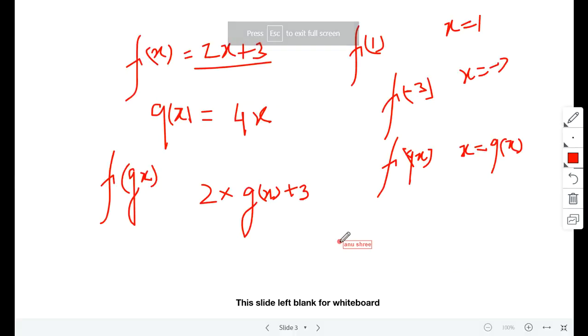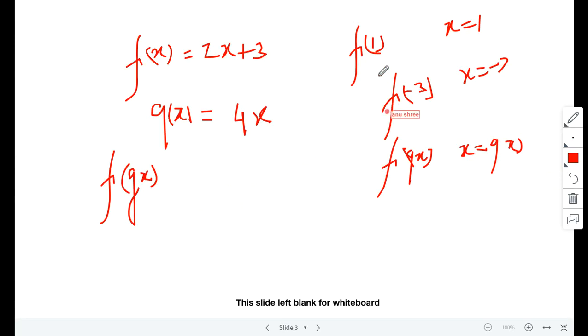Could you do it one more time? Okay. See, if f(x) and g(x) are two different functions given. If it's given like f(1), you have to put x equals 1. If I have f(minus 3), that means we have to put x equals minus 3.